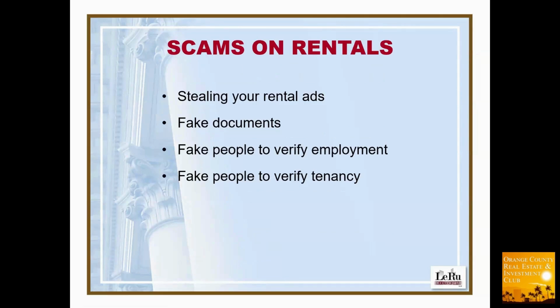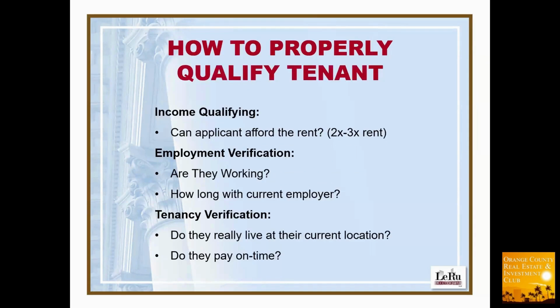I will also say this, that whatever system or rule that you're using, it's very important that you have a list of the qualification criteria and that you stick with it. Because if you say, hey, applicant X is getting two times the rent, and then applicant Y, you tell them it's three times, that's discrimination.